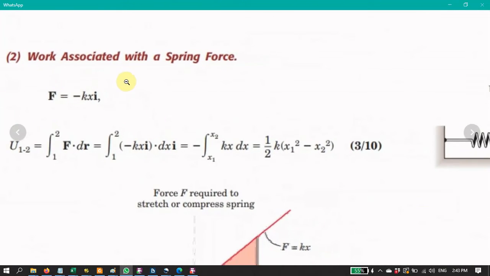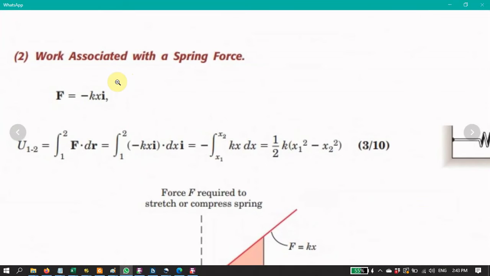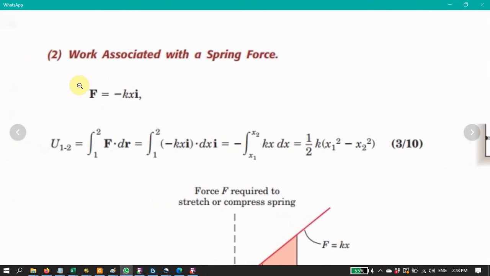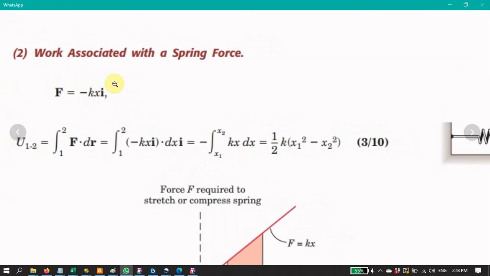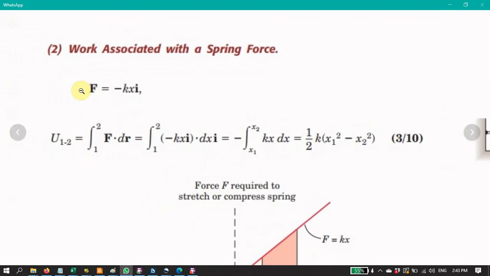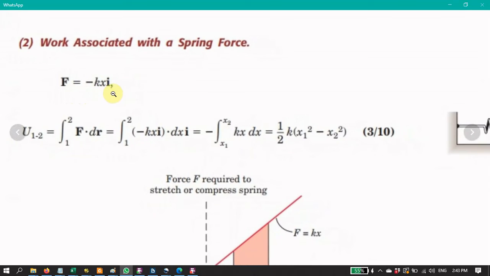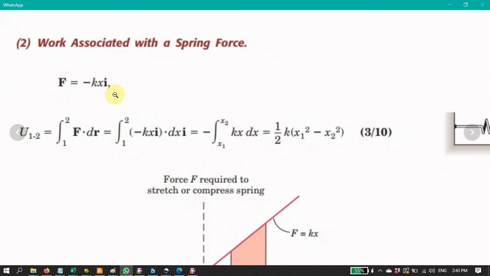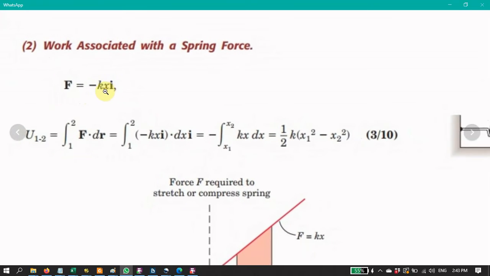So using the dot product of the force, the spring force, right? Spring force is minus kx, and the position vectors. So we need to know about the position vectors in this case.